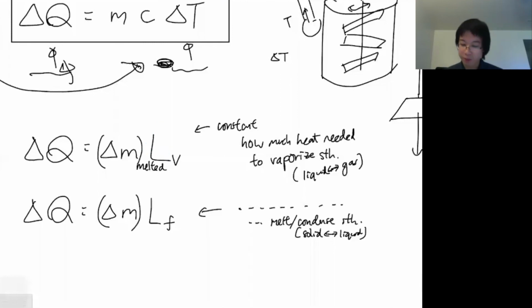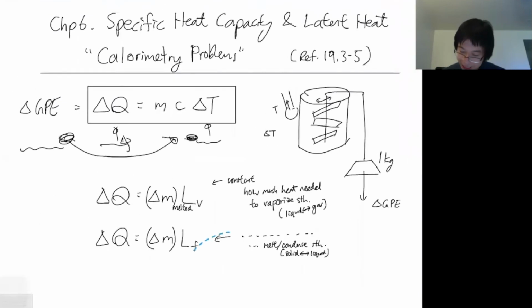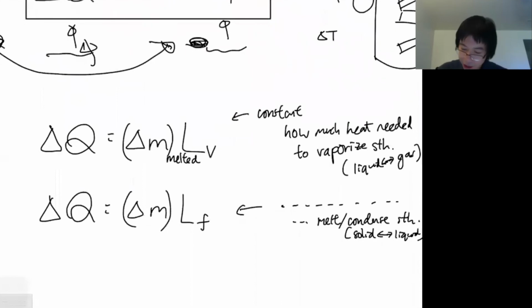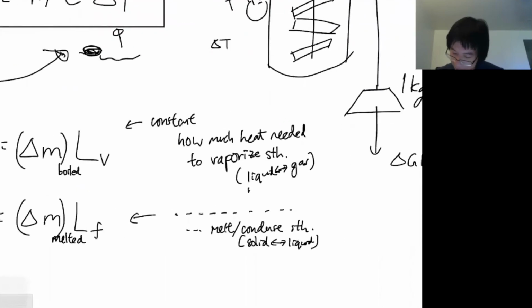This is the mass melted, and this is mass boiled. Sorry, this is boil or condense, depending on which way you go. And this is melt, or what's the opposite of melt? Freeze.